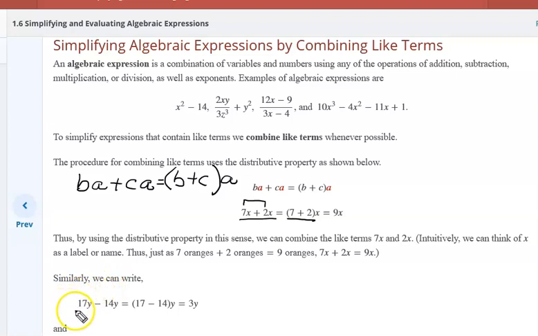And similarly, 17y minus 14y equals 17 plus, or I should say minus 14, is going to give us a positive 3y, as they show here. Okay, this is background, so not necessarily taking notes on everything here.